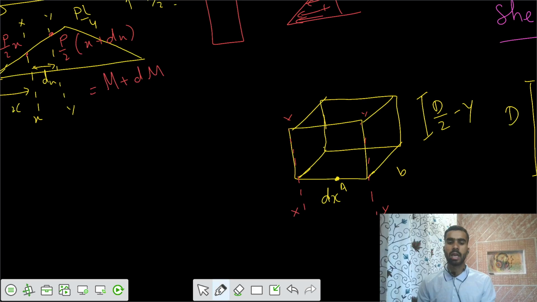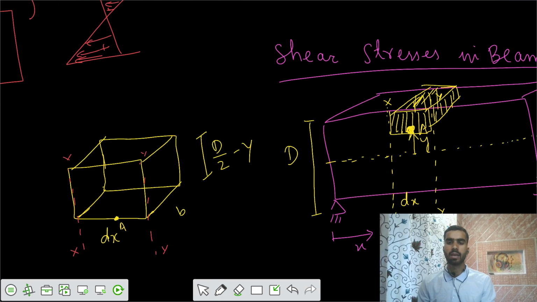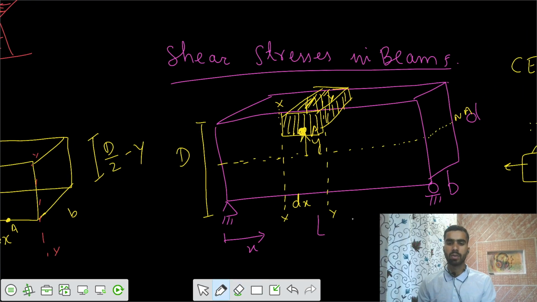So let's make that diagram here. On this cross section we have compressive stresses, and on this side we have tensile stresses. Similarly, from this side, the YY cross section, you have those compressive stresses, and here we have tensile.